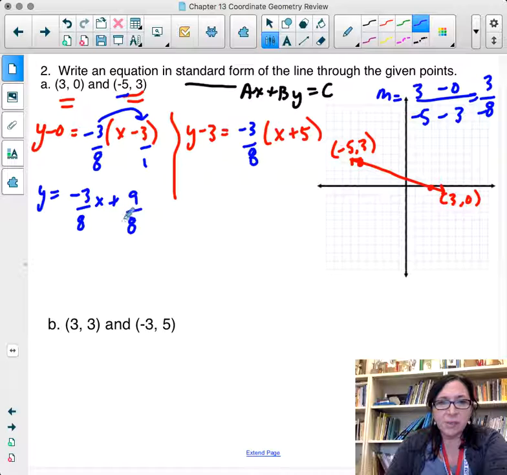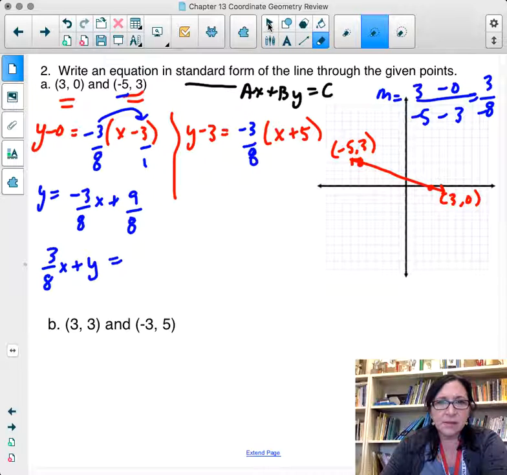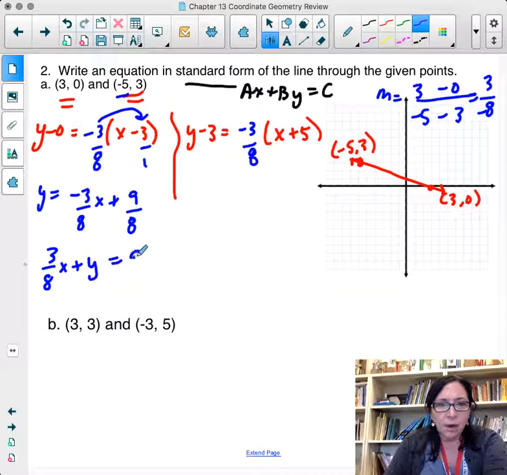That's slope-intercept form. And now I'm going to move this to the left, and I get 3 over 8x plus y equals 9/8. So 9 over 8. And remember, now I have the x and y on the same side, but for standard form, this cannot be a fraction.